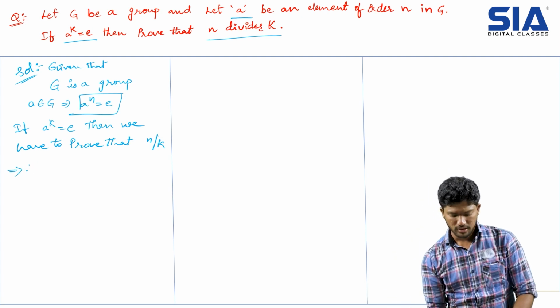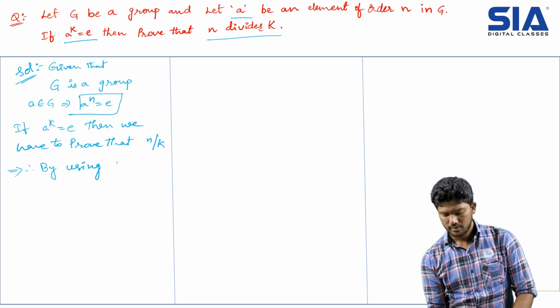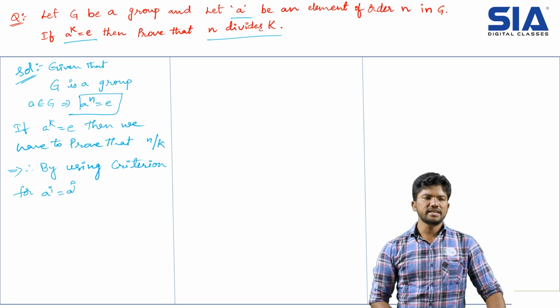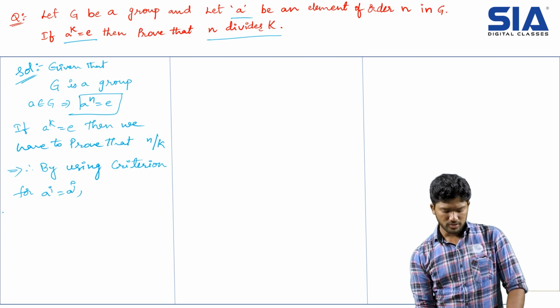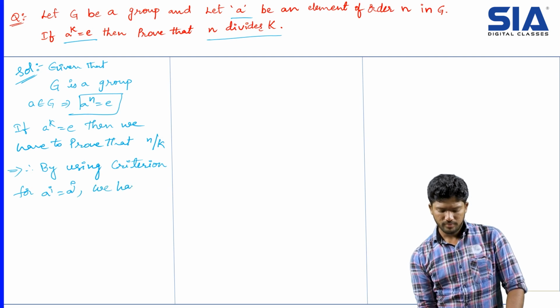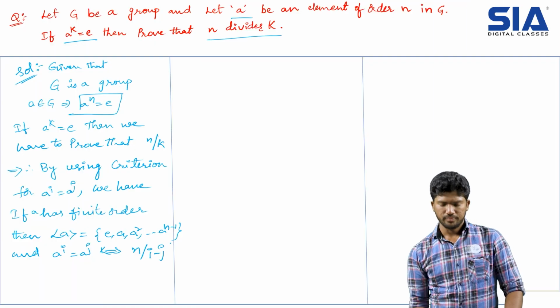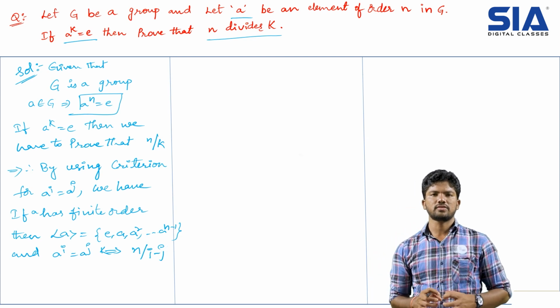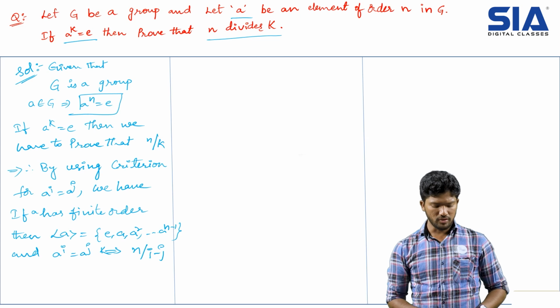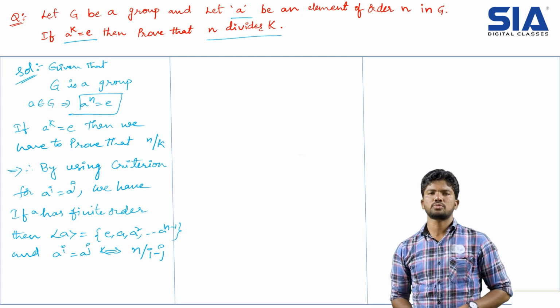So therefore, by using criterion for a power i is equal to a power j, okay, so we have, so I wrote here the statement of the criterion for a power i is equal to a power j, second statement. Now with the help of this statement, we are going to prove this problem.